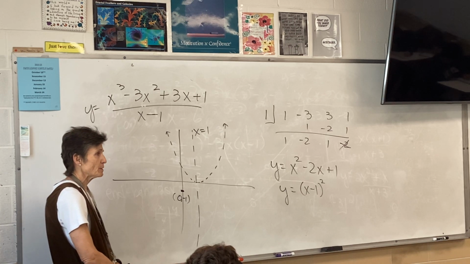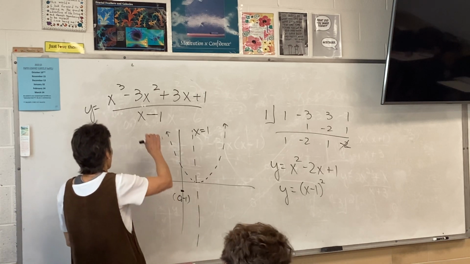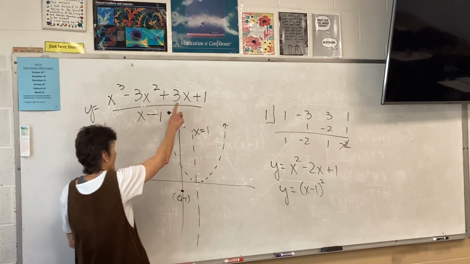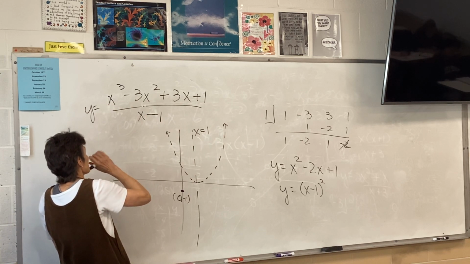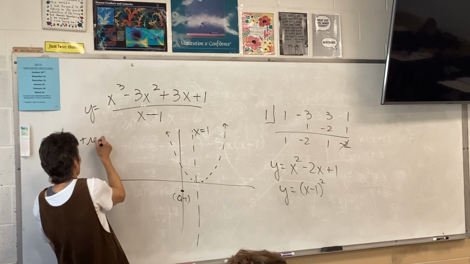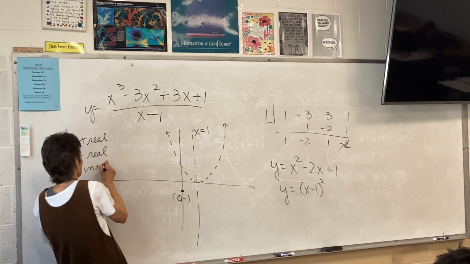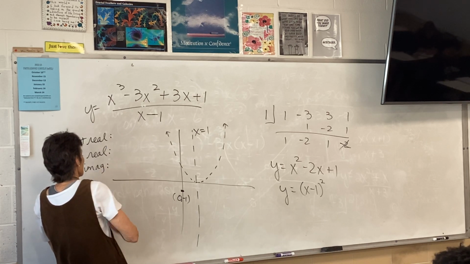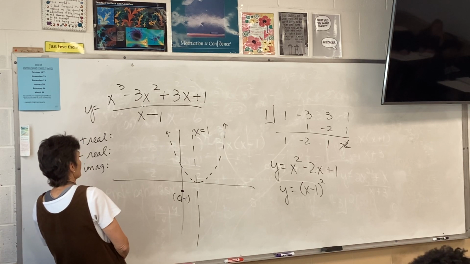I think I'm going to do a quick check on something here. We're unable to factor that. No matter how we tried, we were unable to factor it. So I'm gonna check to see about the kinds of roots that I might have. I can't find them without my calculator, but I think I'm gonna check on the nature of those solutions.